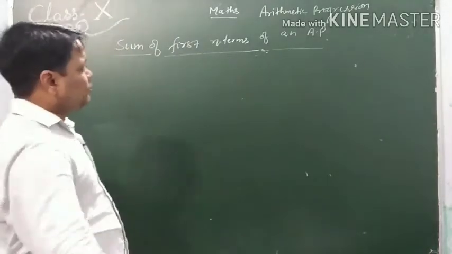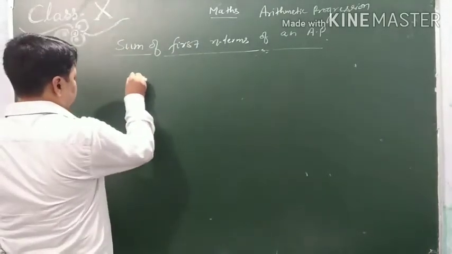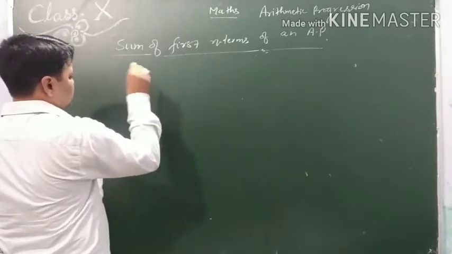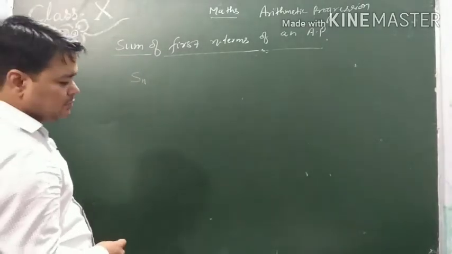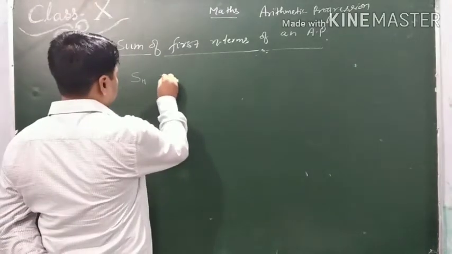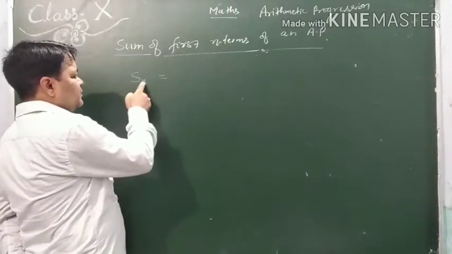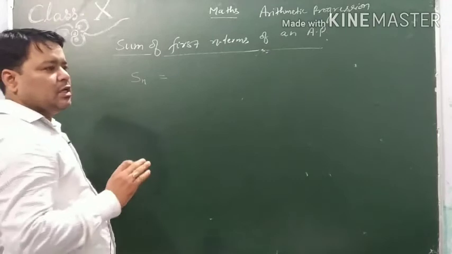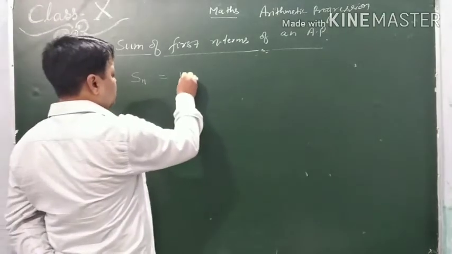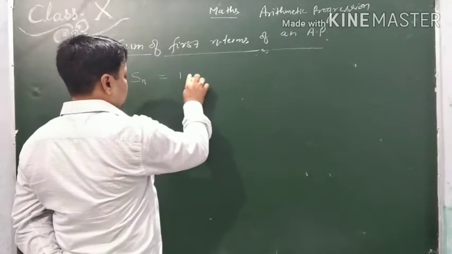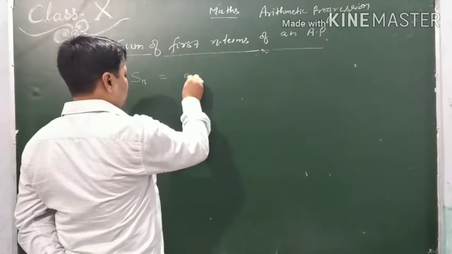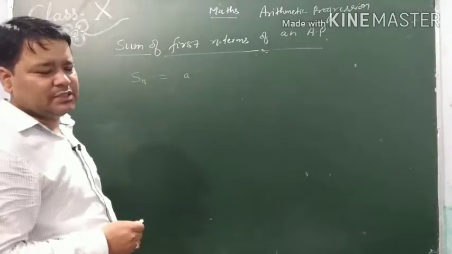If we take an arithmetic progression, let Sn be the sum of the first n terms of the arithmetic progression, written this way. Let the first term be a and the common difference be d.